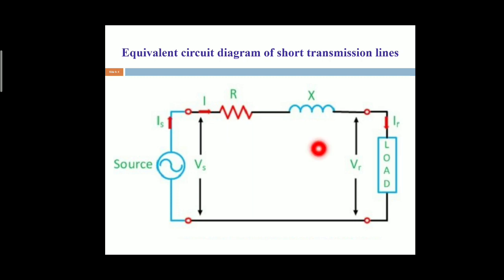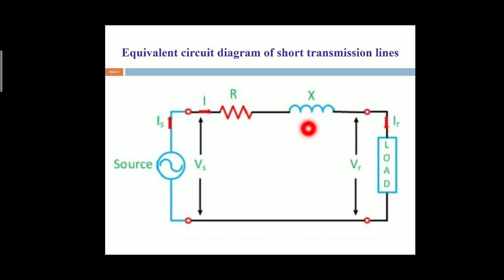Therefore, the receiving end voltage VR equals Vs minus I into (R plus jX), where R plus jX is taken as Z. Z is the impedance.